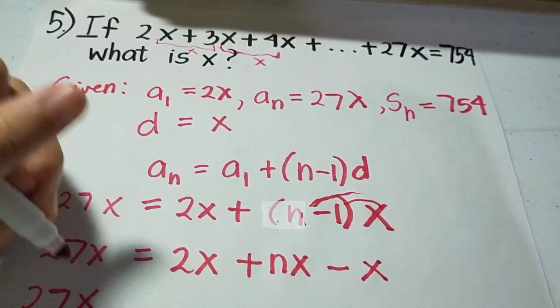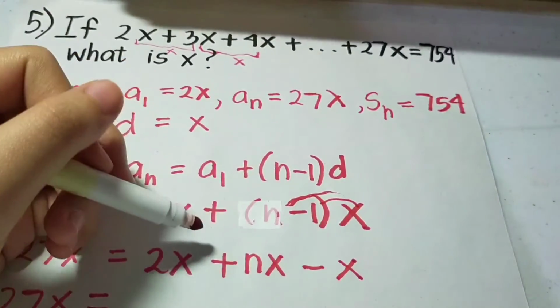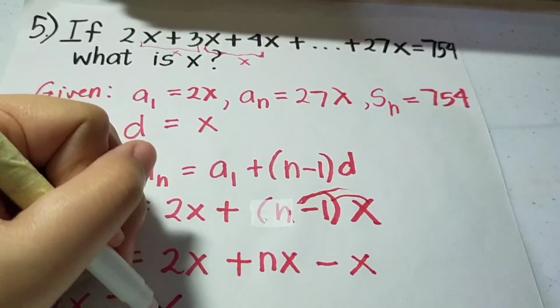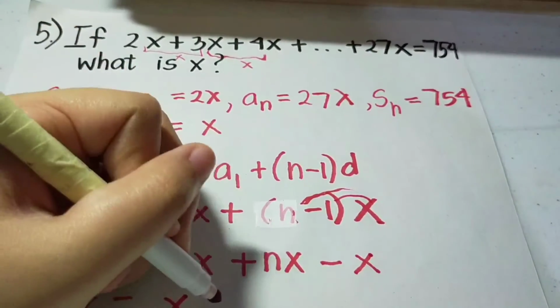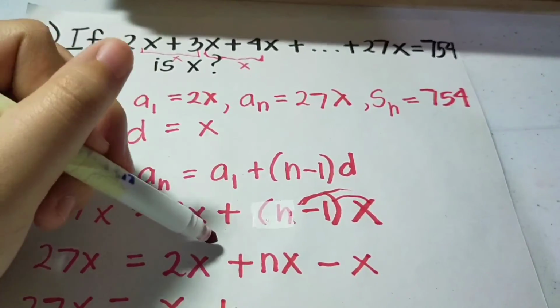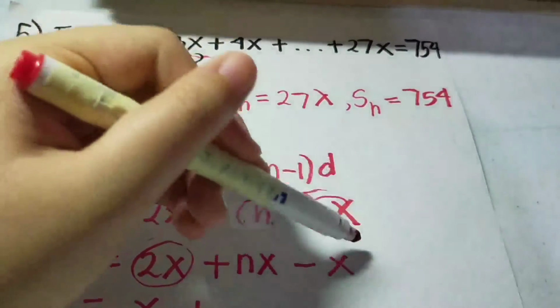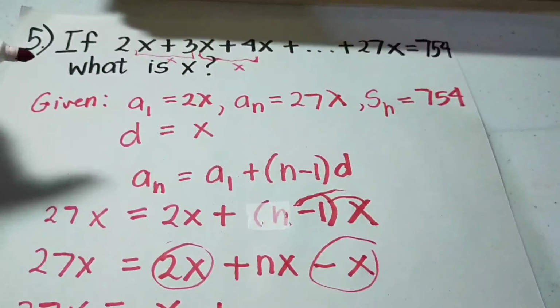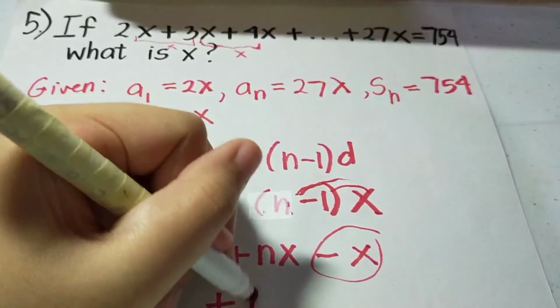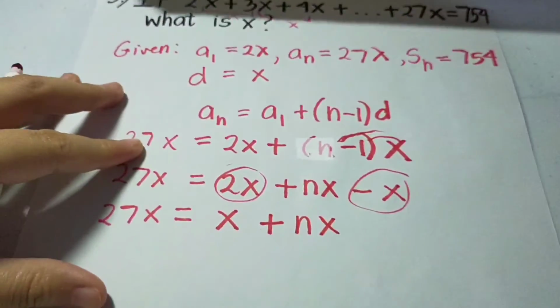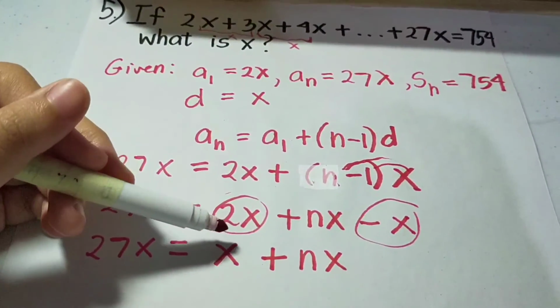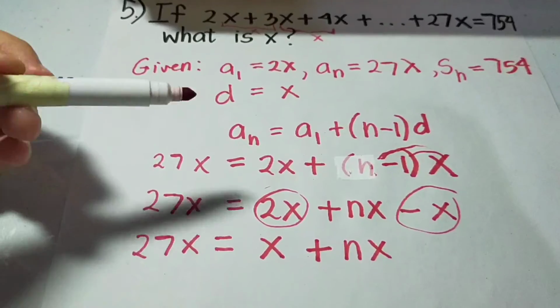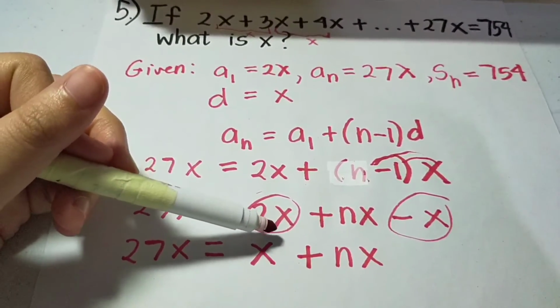27x is equals to 2x minus x is equals to x plus, since like terms sila, we'll just subtract it, and nx. So mapapansin na natin na yung 27x and x are both like terms.